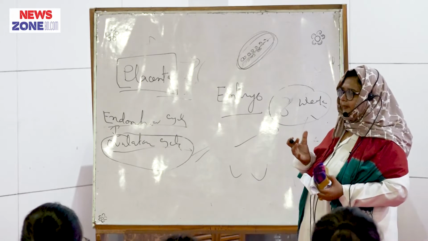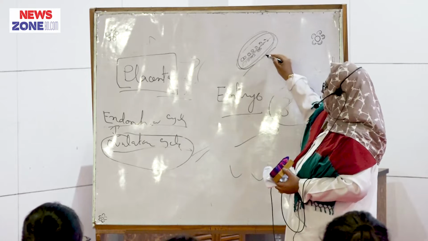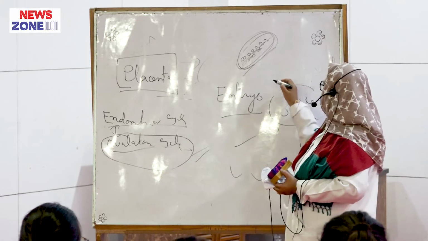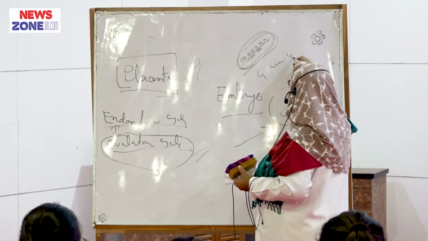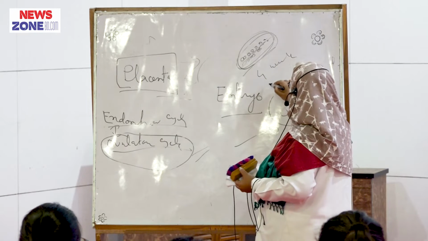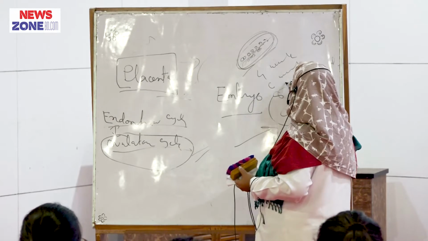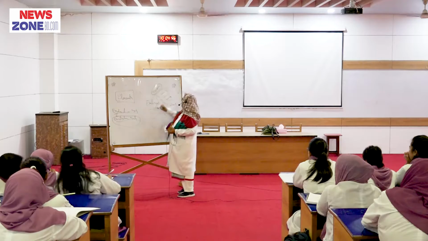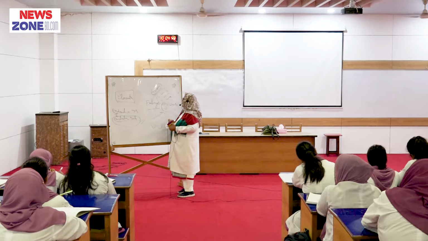So at the 3rd week, up to 8 weeks, there is formation of the embryo, at 4 weeks, then 6 weeks, 8 weeks. Can we understand this fetal period, embryonic period?